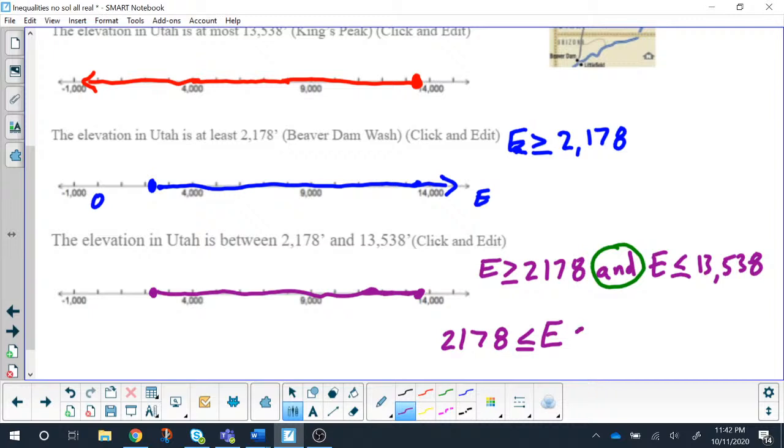But now I can say, and it's also less than or equal to 13,538. I think both of these ways to write it would be helpful to have in your notes. Awesome. Okay, let's look at another problem. So this is a way to say the solution set is between these two values, so I want you to see that too.